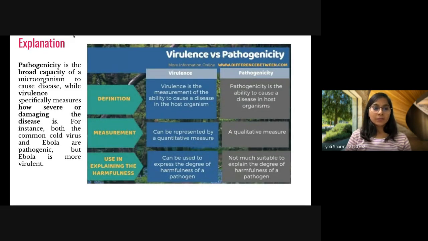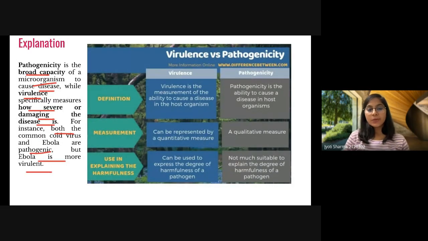Just see here again, pathogenicity is the broad capacity of a microorganism to cause disease, while virulence specifically measures how severe or damaging the disease is. For instance, both the common cold virus and Ebola are pathogenic, but Ebola is more virulent. Here again, you can see the difference between these two.